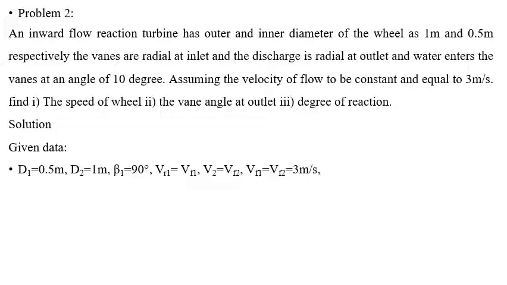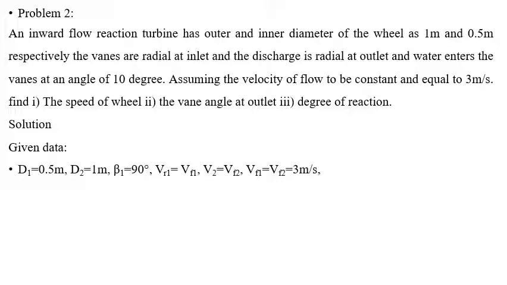Because the vanes are radial at inlet, beta 1 is equal to 90 degree. Then because beta 1 is equal to 90 degree, Vr1 is equal to Vf1. That is, the flow velocity is equal to Vr1.